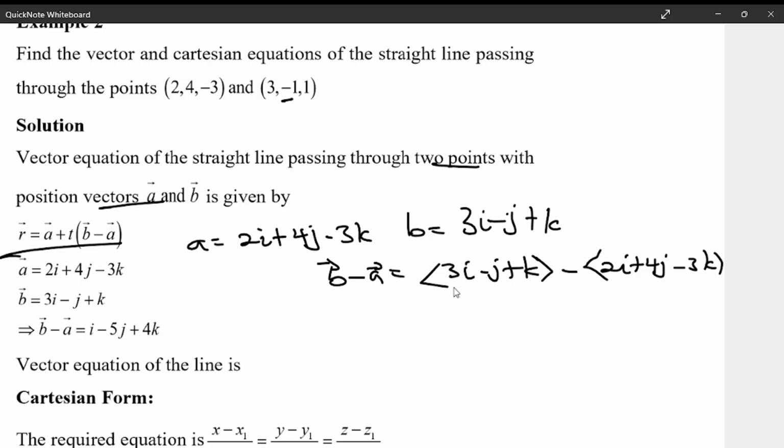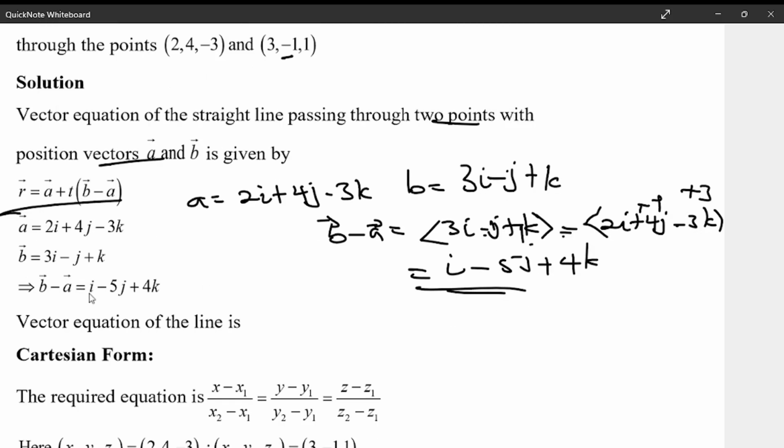So subtracting corresponding components, we are going to have i, then negative 1 minus 4 gives negative 5j, and then 1 minus negative 3, negative times negative giving positive 3, gives us 4k.